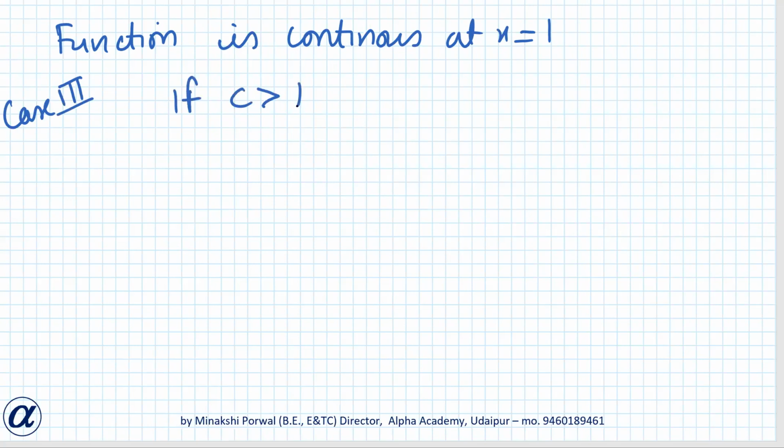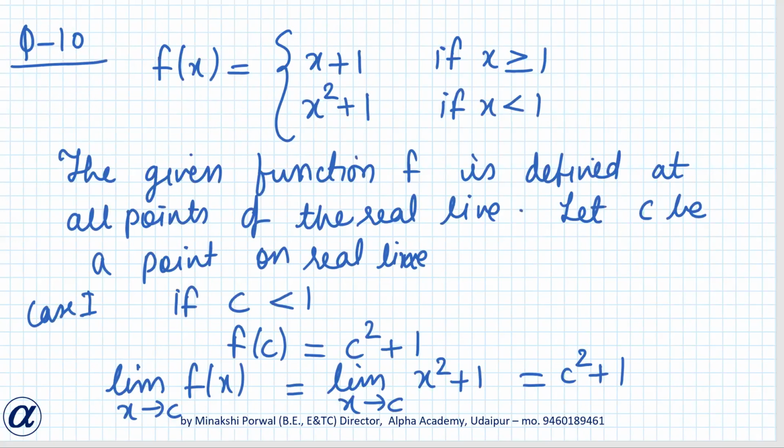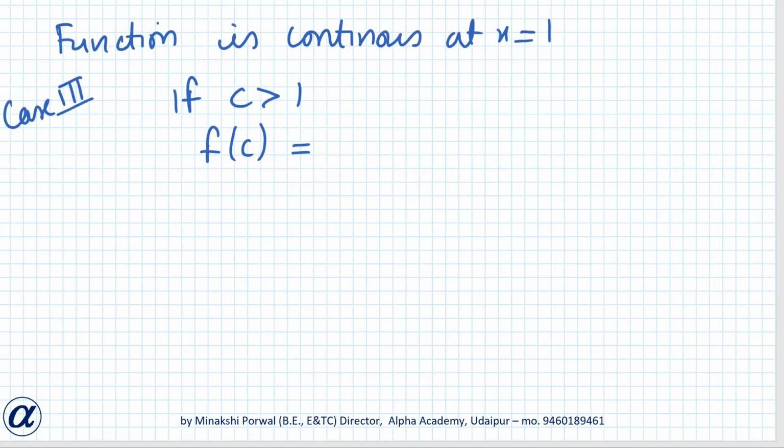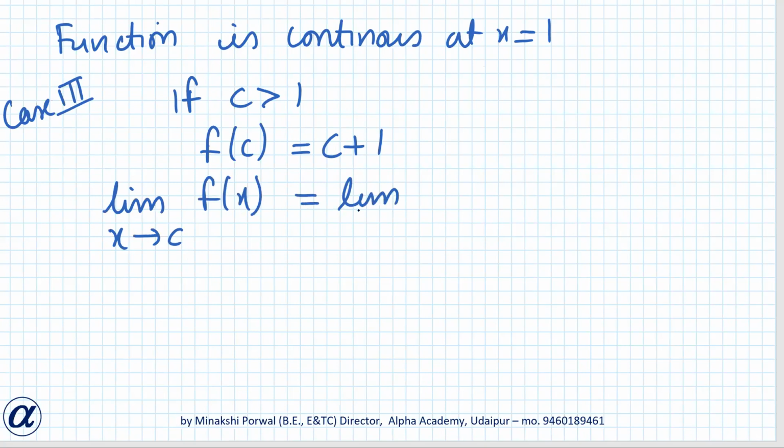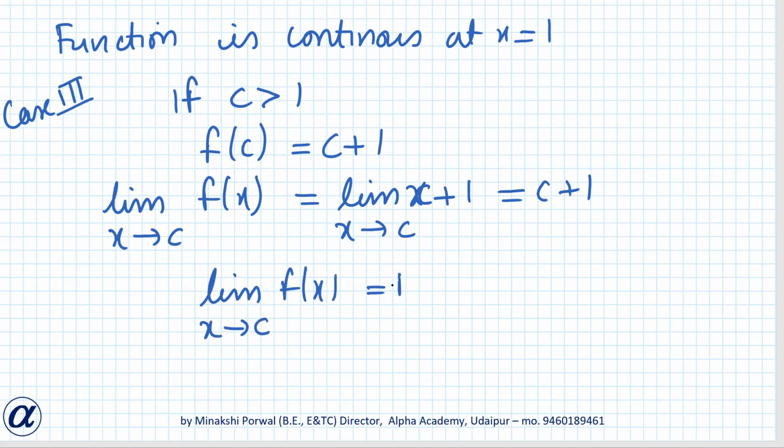So c is greater than 1, f of c is x plus 1, so it will be c plus 1. And limit x tends to c, f x equals limit x tends to c of x plus 1, that is equal to c plus 1. So limit x tends to c, f x equals f of c.